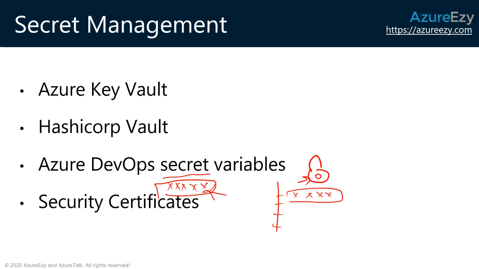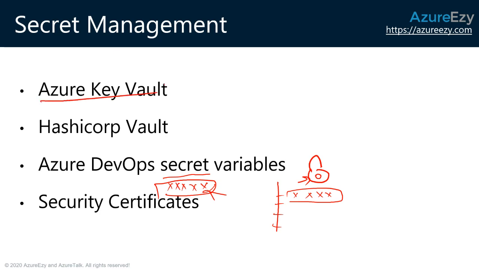So you can have a public-private certificate, where the public certificate is available to everyone, and the private certificate is only available to people who are supposed to access the service. You need the combination of these two to be able to see that. You can manage your certificates in Azure Key Vault.